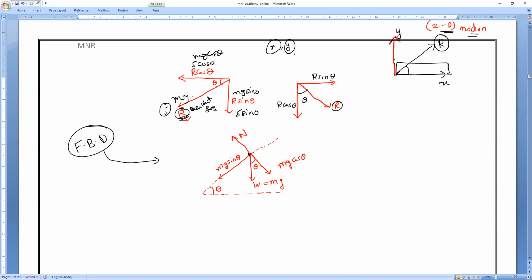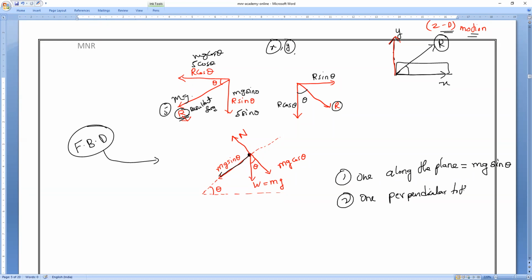Now, the force which is acting along the plane. What is that? First, you should identify it. The force acting along the plane is mg sin theta. Next, the force acting perpendicular to the plane. What is that? Check it, everybody.